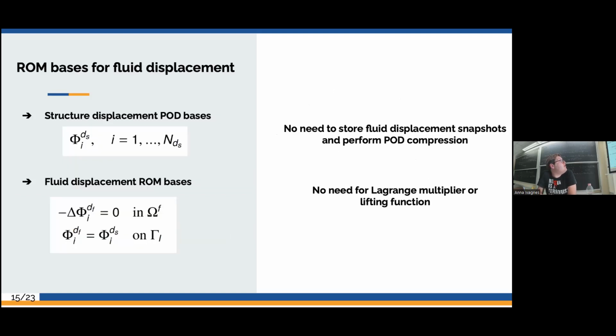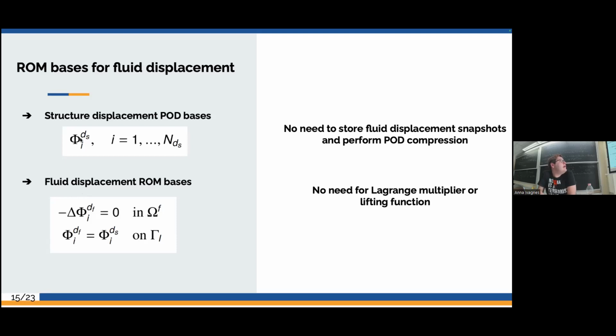Instead of storing all the fluid displacement snapshots and performing a POD compression, which is quite costly, having obtained the structure displacement POD modes, we can solve a harmonic extension, where we use the value on the interface from the structure displacement POD modes.